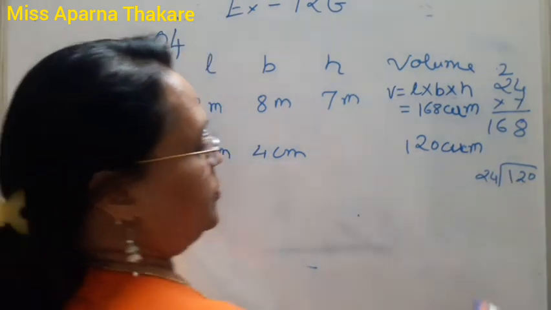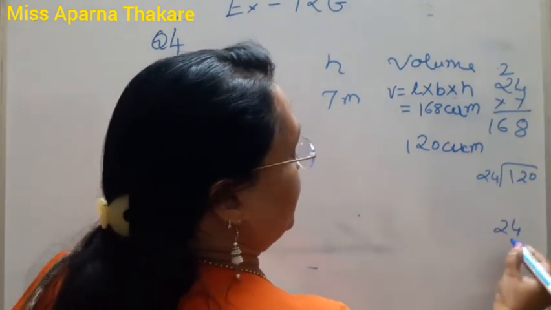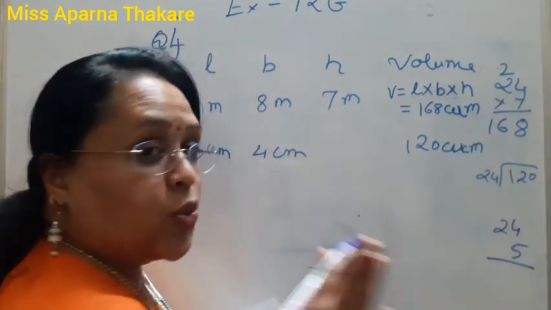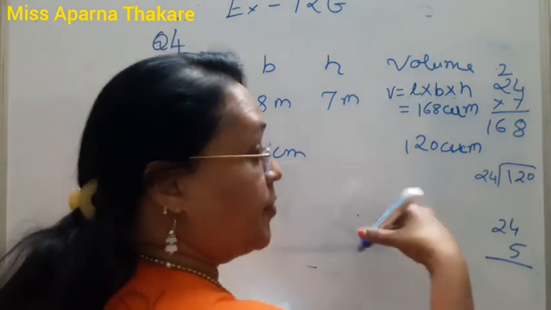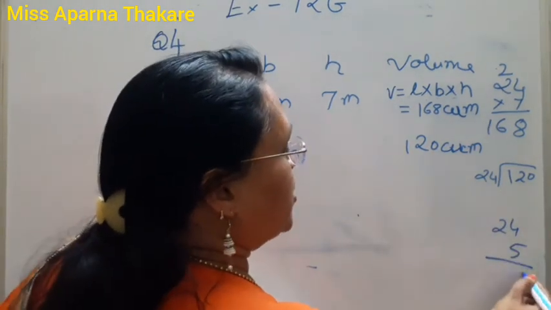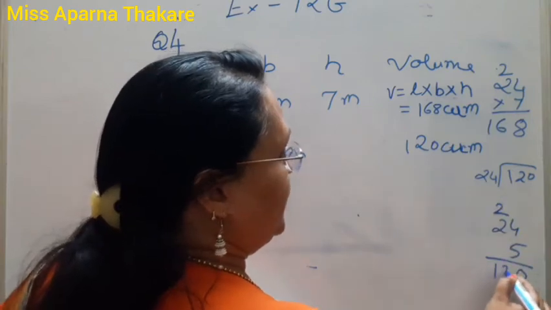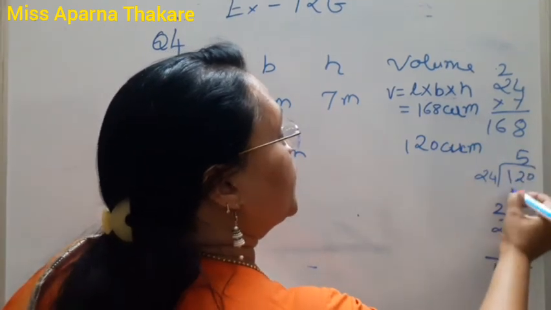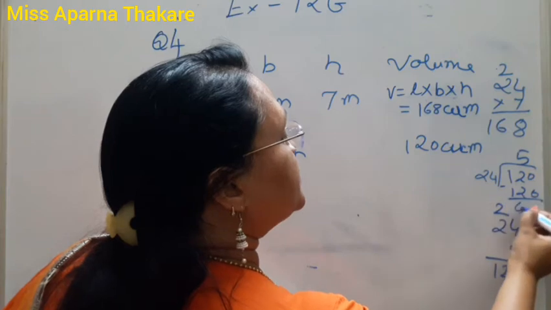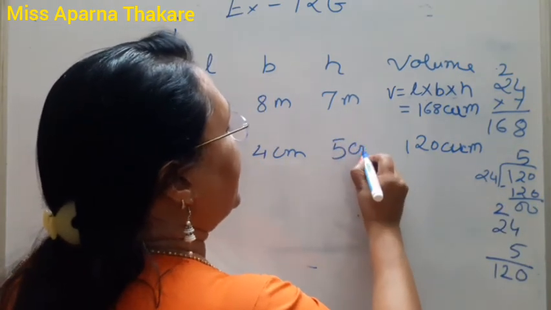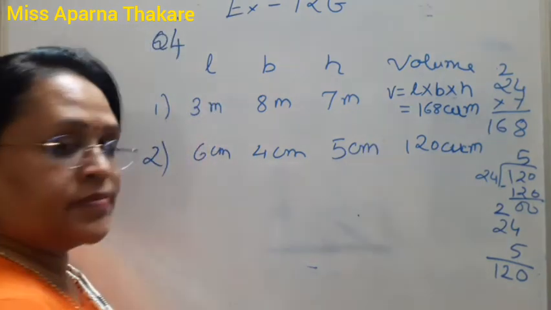Is it? 24 into 5. Because 5 fours are 20, the last digit, the one's digit, is 0. So we can think about it like that. So 5 fours are 20, 2 carry, 5 twos are 10, 11, 12. It means 5. So height is 5 centimeter. Okay.